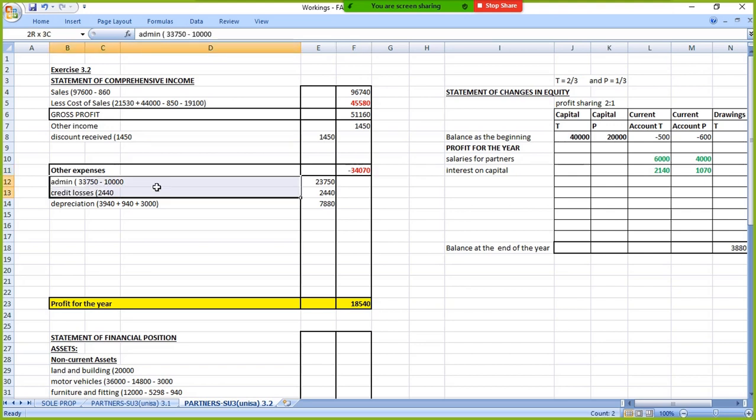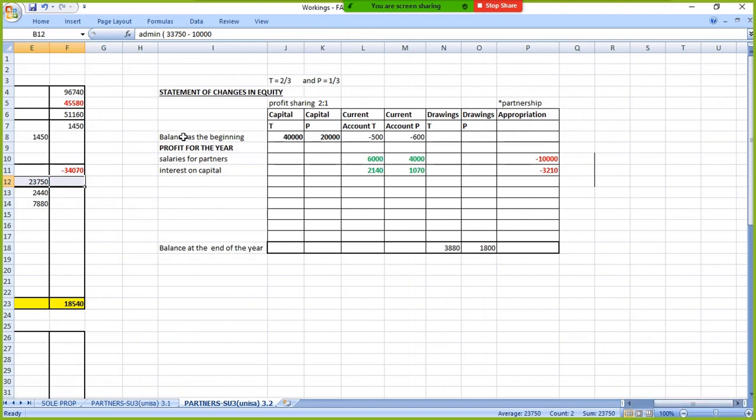We had admin, which we subtracted, we had our credit losses, and we had our depreciation that we had to provide for. So let's go back to the disclosure. Profit for the year, that amount, is taken to the SOCI.